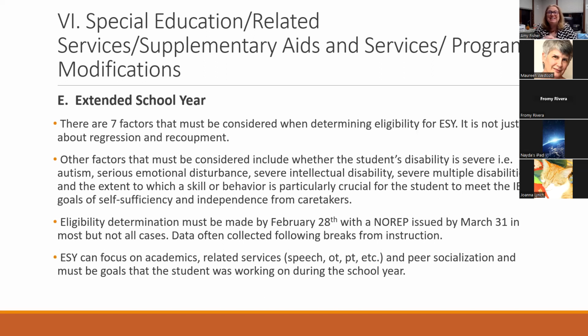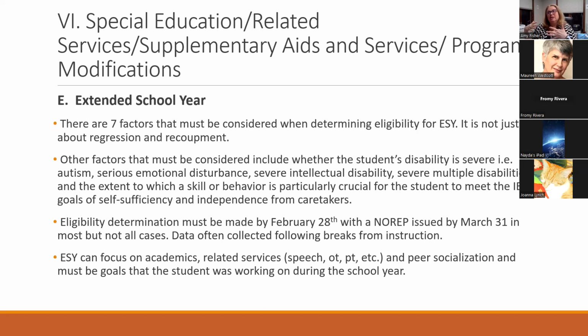If you think that your child is going to need additional supports in order to gain independent skills, I highly recommend having a goal related to those independent living skills. It doesn't have to be every skill that you think your child will need. Start small and have goals on an IEP related to independent living.